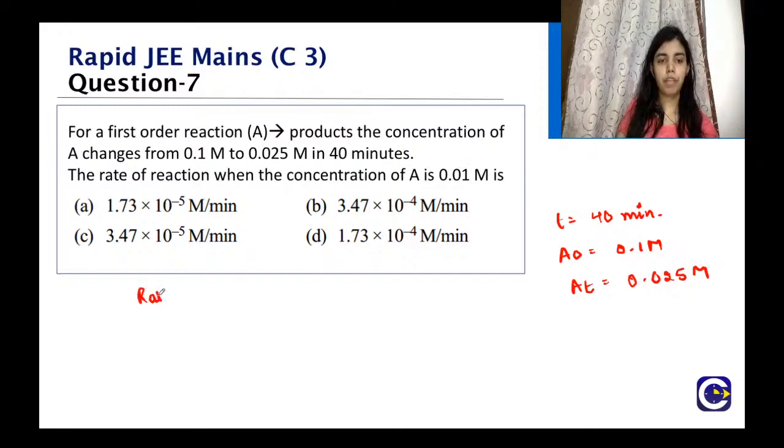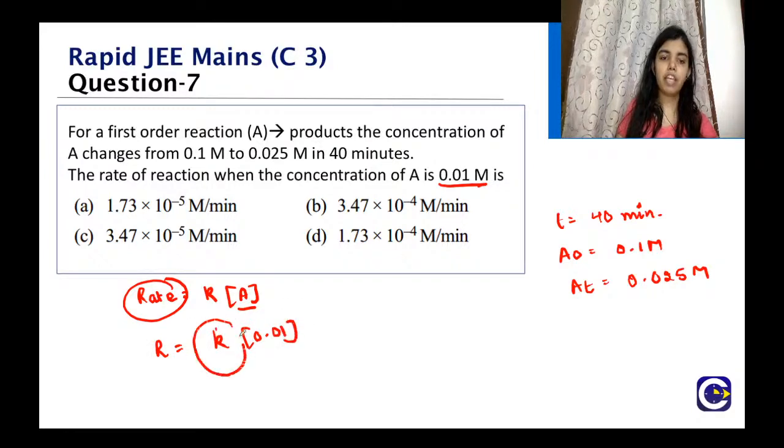So rate is equal to K into A basically, because it is a first order reaction, right? Now we have to find out the rate when the concentration of A is 0.01 molar. That means rate will be equal to K into 0.01 molar. Now the value of K needs to be found out to determine the rate of the reaction, right? And that K value we will find out from this data.